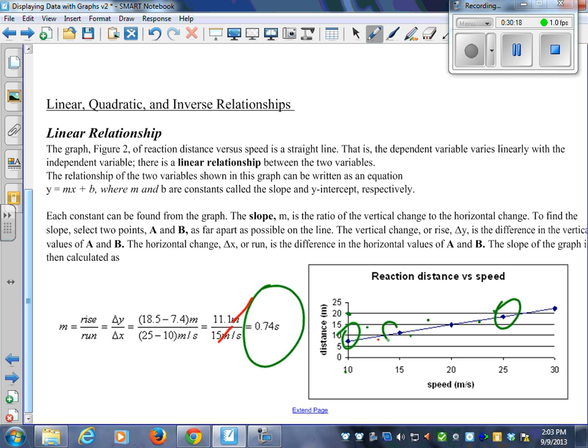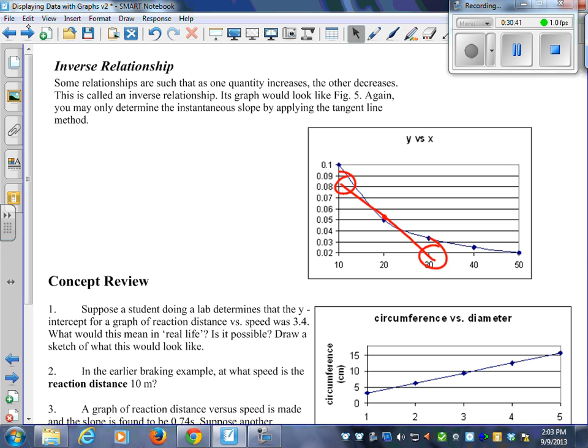Right about there, right? 10 meters is here on the Y, right? At what speed? About a little less than 15, maybe 14 meters per second. At 14 meters per second, your reaction distance is 10. So that's just a can-you-read-a-graph question. You got to be able to read a graph in physics. There's no doubt about that. Okay.